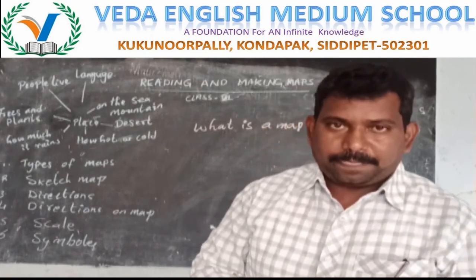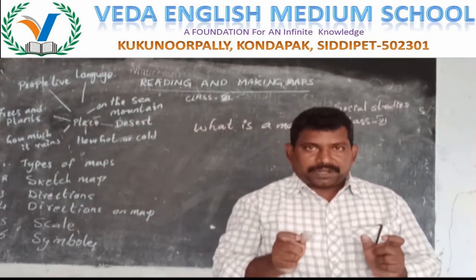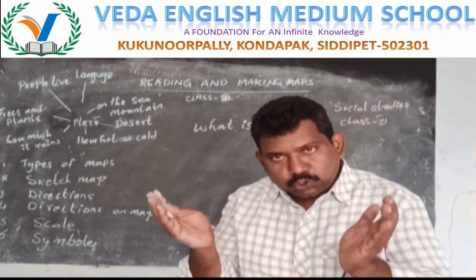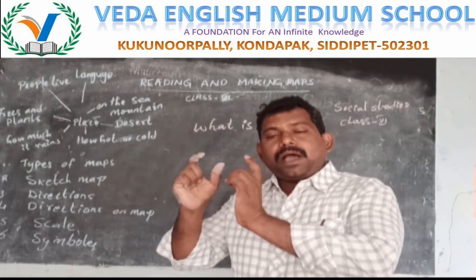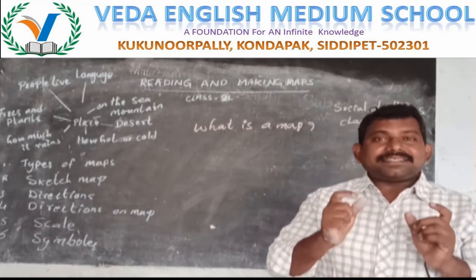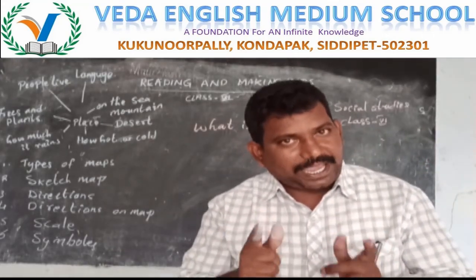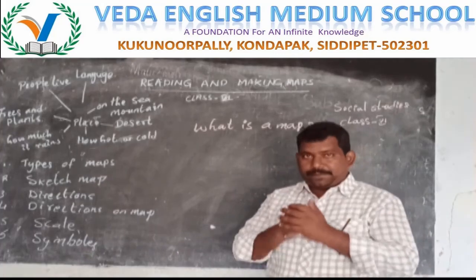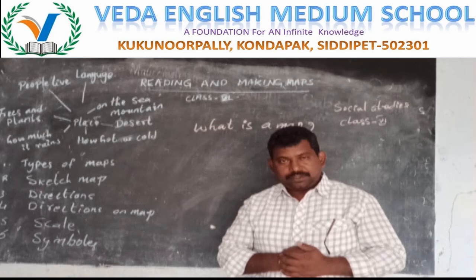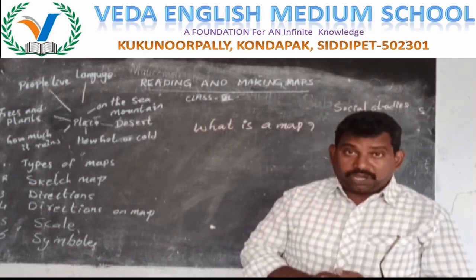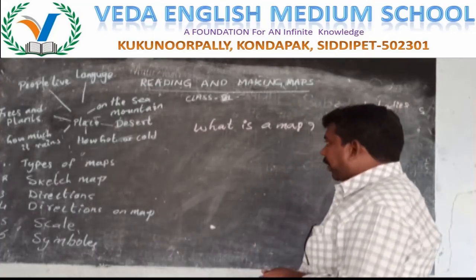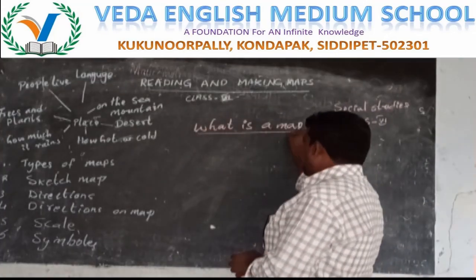A map is a representation or a drawing of the total or part of the earth's surface drawn on a flat surface according to the scale. That is called a map. Do you understand children? Okay, I repeat. Listen carefully. If possible, write it on your paper or in your notebook.